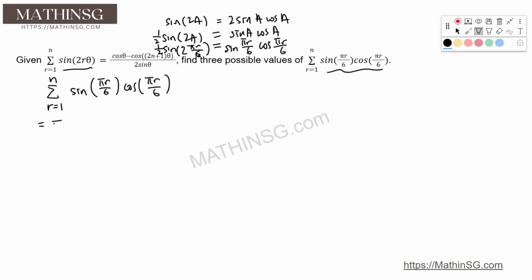I'm going to change this to half, put it outside since it's a constant, sine 2πr over 6. If you compare this portion here with this portion here, there is a 2 here, and there's an r here. So basically my θ is π over 6. So I'm going to sub π over 6 into this one here.